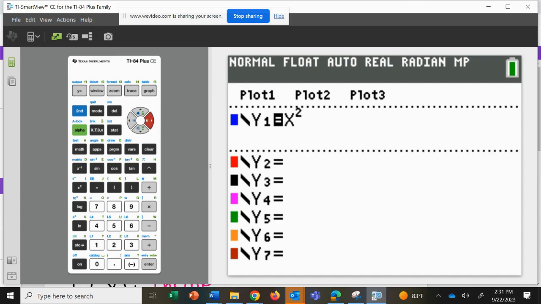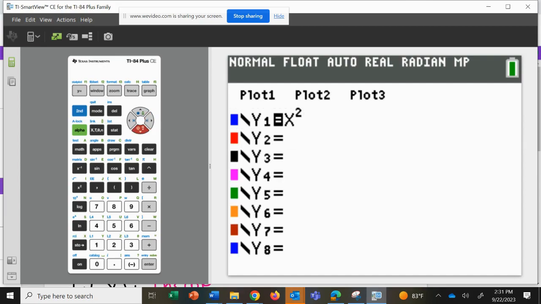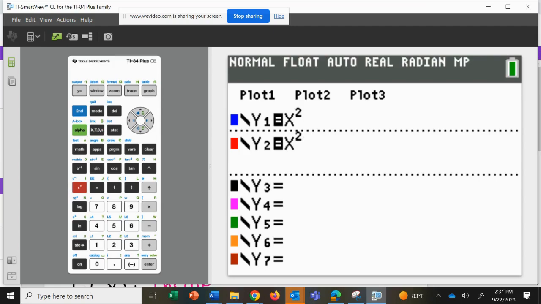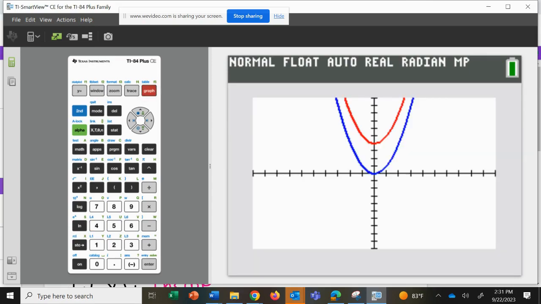Okay, so now what we're going to do is let's do x squared again. Now, if I add 4 to this one, if I add 4 and I hit graph, it does the exact same thing the plus 4 did on the other one.